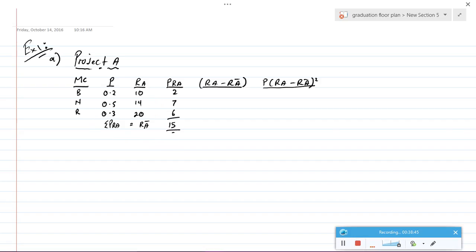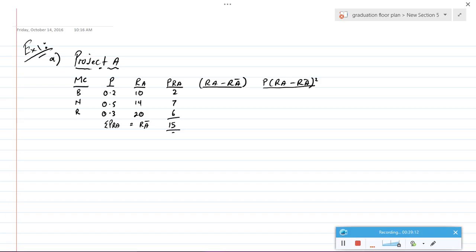Now, what is your expected return? Total PRA is equivalent to RA mean, correct? So that will give you 15%.